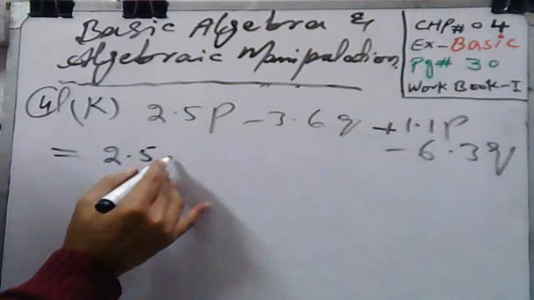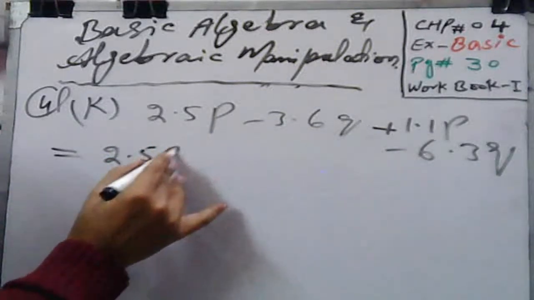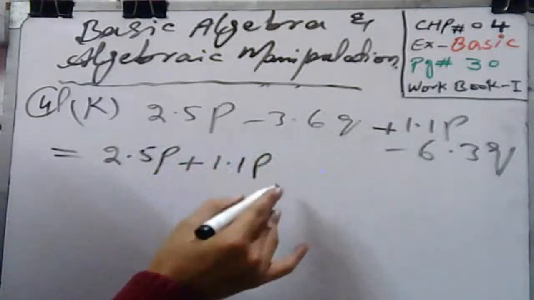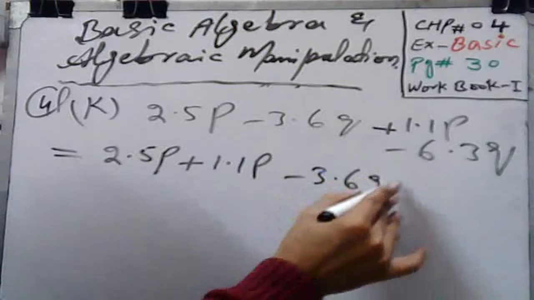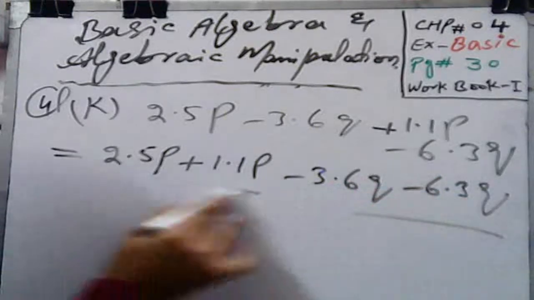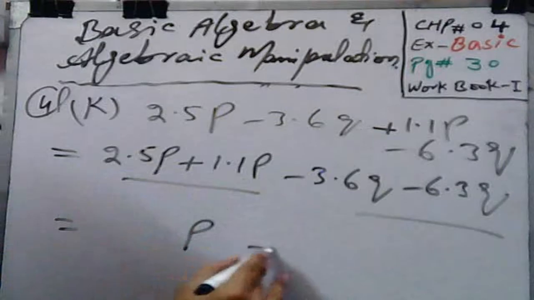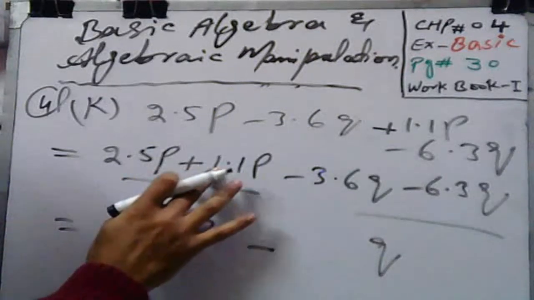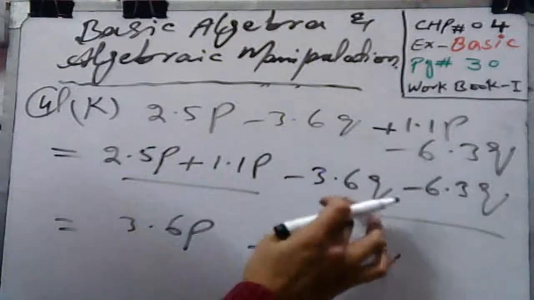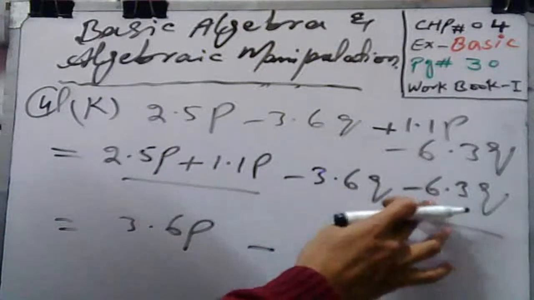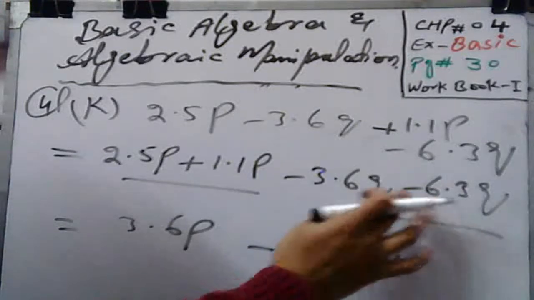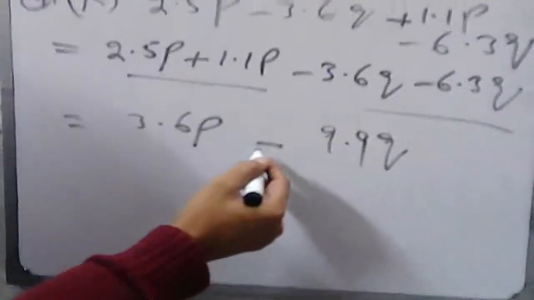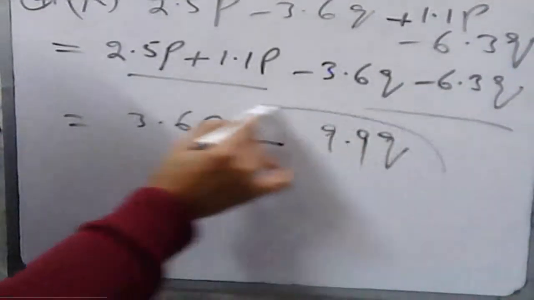The p terms should be shifted to one side, written at the same place: 2.5p and 1.1p, and minus 3.6q minus 6.3q. So simply you add them: 2.5 plus 1.1 is 3.6p, and 6.3 plus 3.6 is 9.9q.